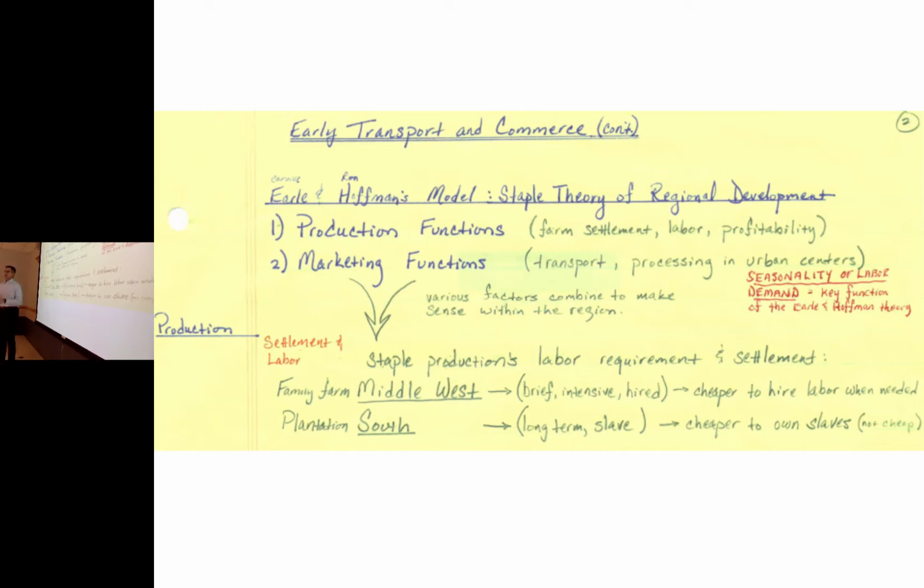The main meat source for most Americans in the 1840s was what? Pork, exactly. Not beef, not chicken for sure. Chicken was a delicacy, but pork.